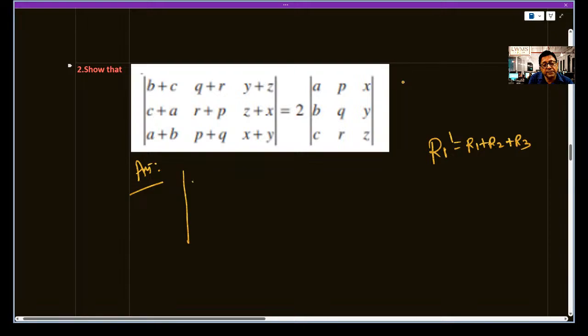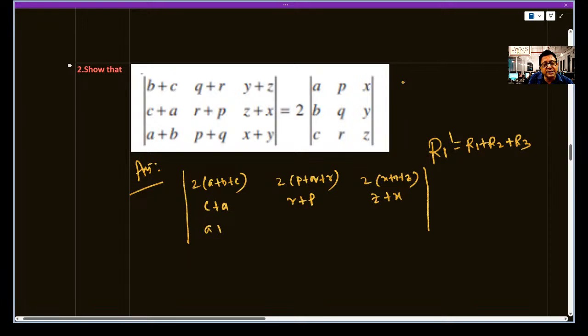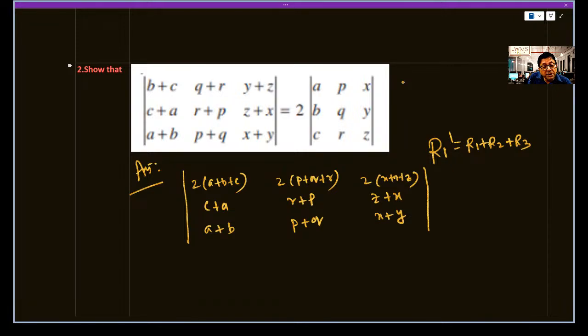So this will be twice a plus b plus c, p plus q plus r, x plus y plus z, then r plus p, z plus x. Alright, those properties only I am using. Elements of two rows added to the elements of another row. It is allowed.